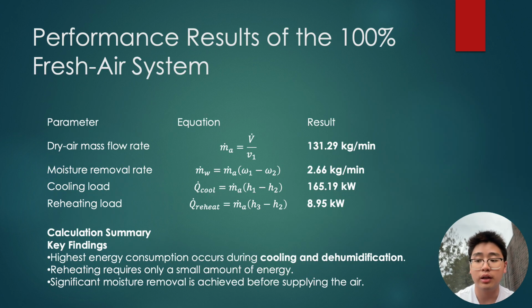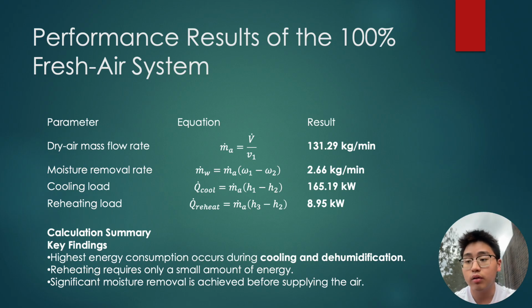Using the psychrometric properties obtained from the three air states, the system performance was evaluated. The dry air mass flow rate was calculated as 131.29 kg per minute. The cooling coil removed approximately 2.66 kg of moisture per minute during the dehumidification process.